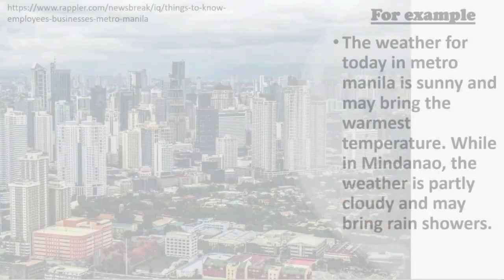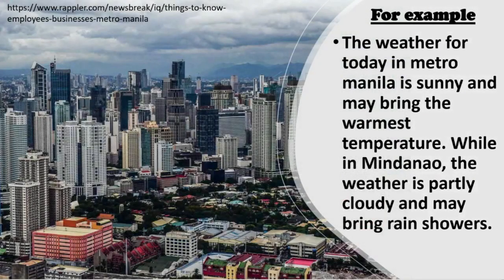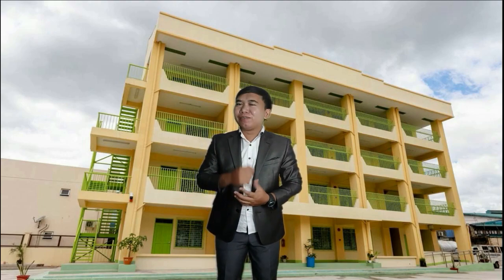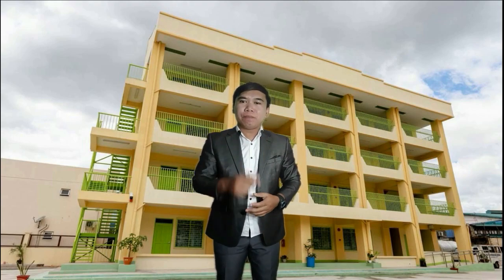For example, the weather for today in Metro Manila is sunny and may bring the warmest temperature, while in Mindanao, the weather is partly cloudy and may bring rain showers. Alright class, did you get the idea of climate and weather? I know you do.